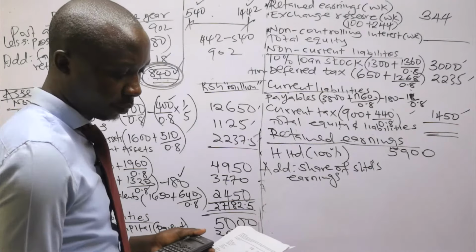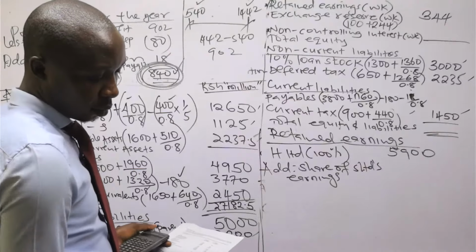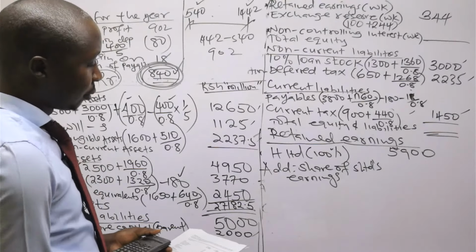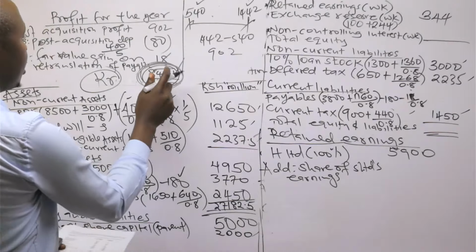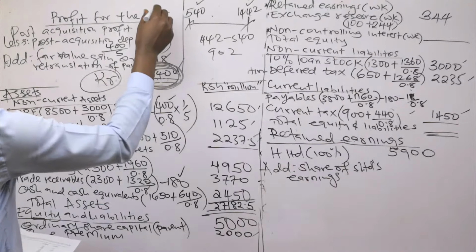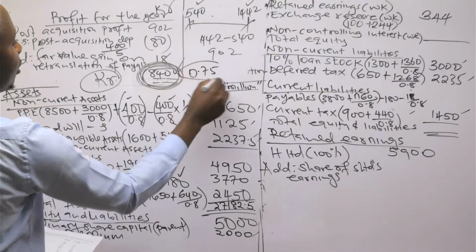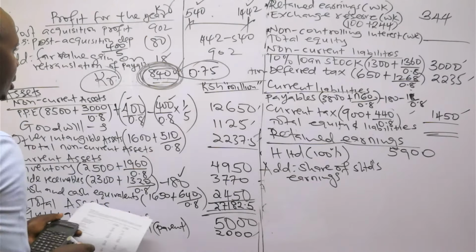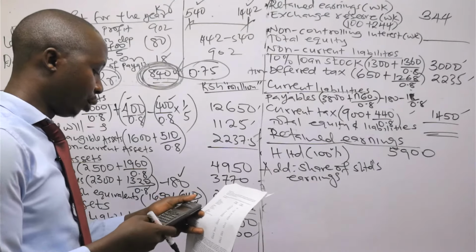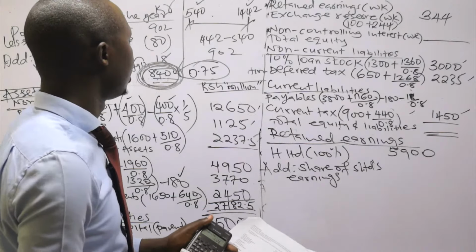Remember that we exchanged this 840 to Kenyan shillings because it is in krona. We exchanged using 0.75, which is the average rate. So 840, you use the 0.75 to exchange that krona to Kenyan shillings.